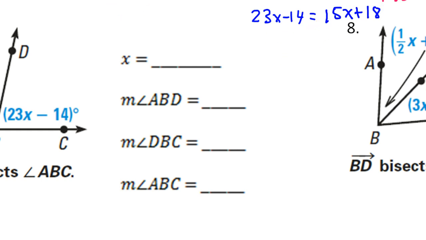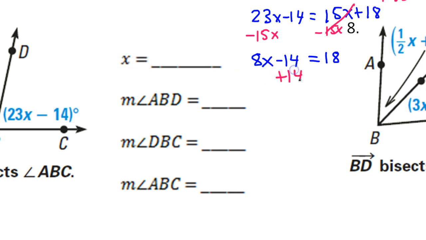Now I would subtract 15x from both sides. Alright, that leaves 8x minus 14 is equal to 18.